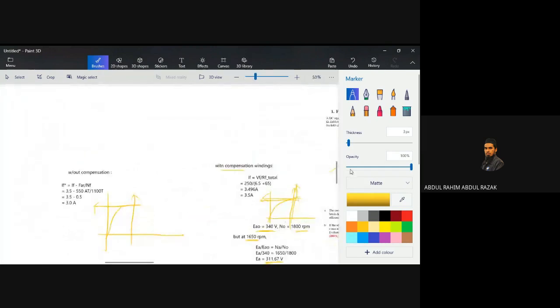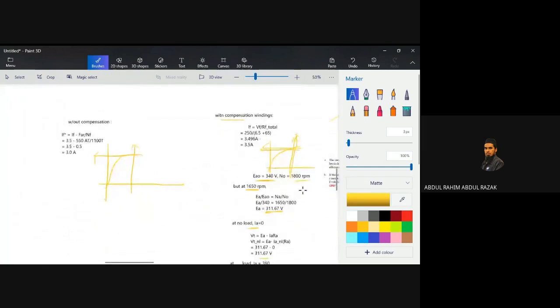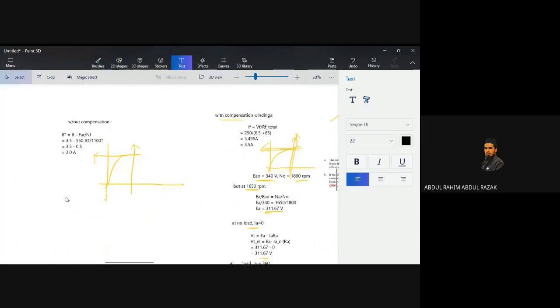So from the curve, it will be EA naught equal to 300 volts, at your N naught of 1800 RPM.